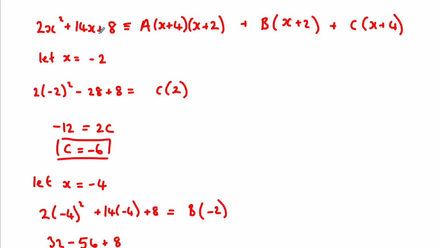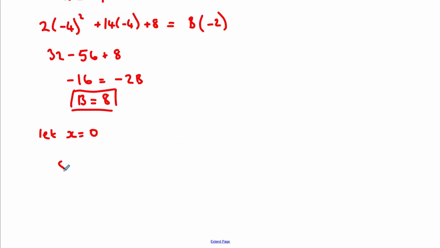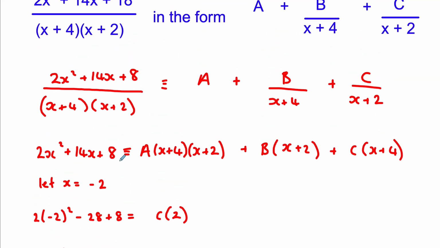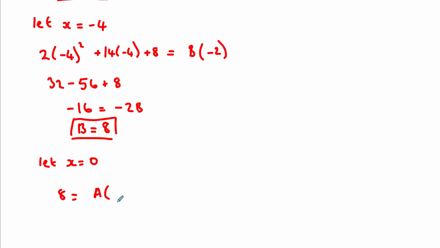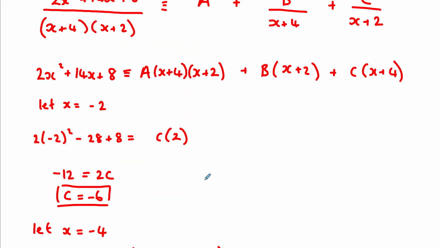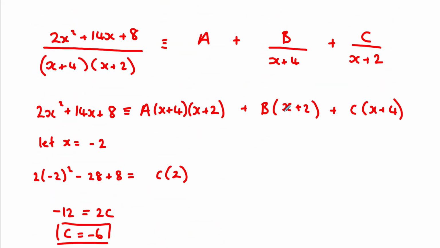0's easy because the left hand side is 8. We're going to have a times by 4 and times by 2. We know b is 8, so we can fill that in, and that's going to be times by 2.